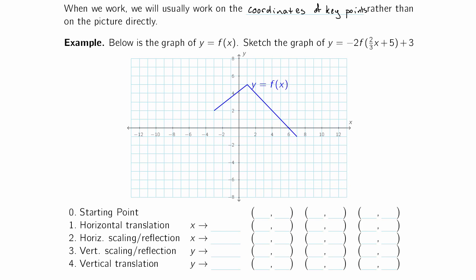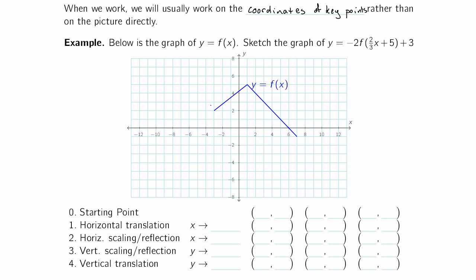What we're going to do instead is to take some key points on the graph of f and then apply all of those transformations to those key points, one transformation at a time, by thinking about what effect it has on the coordinates. Again, in this example, I'm going to draw the picture after every step, but typically we would only draw the final picture.